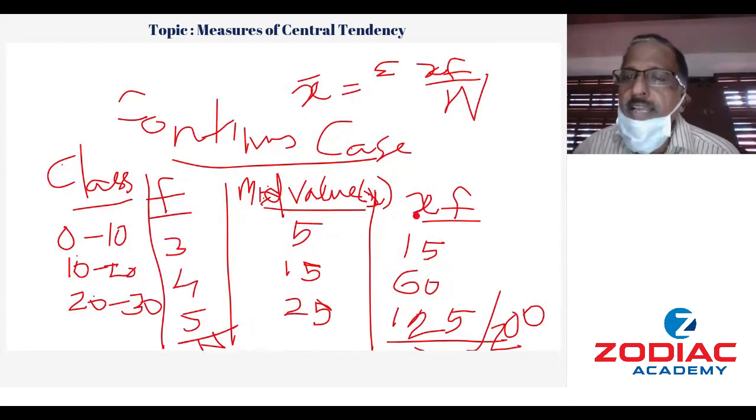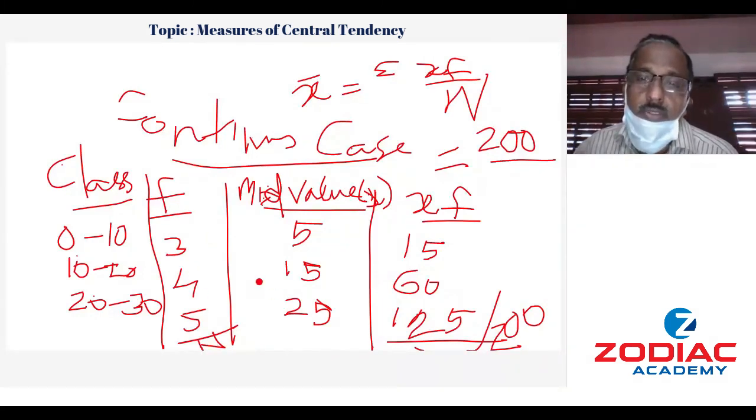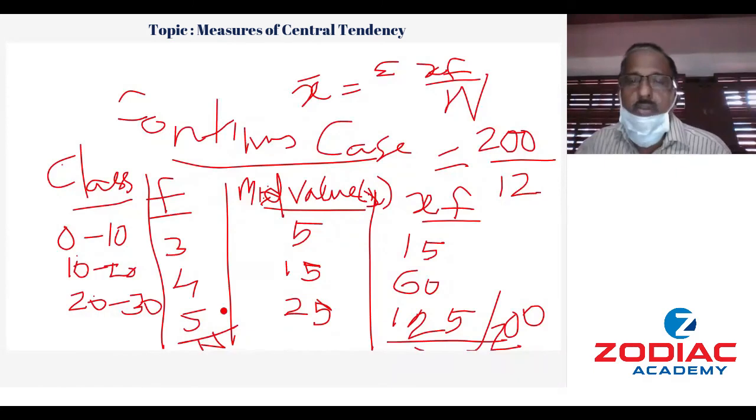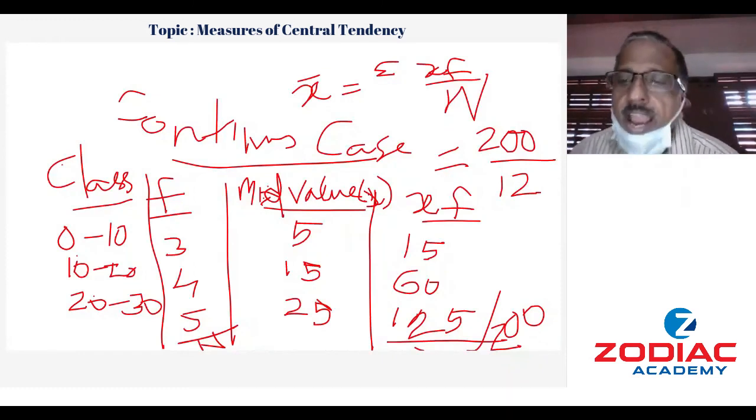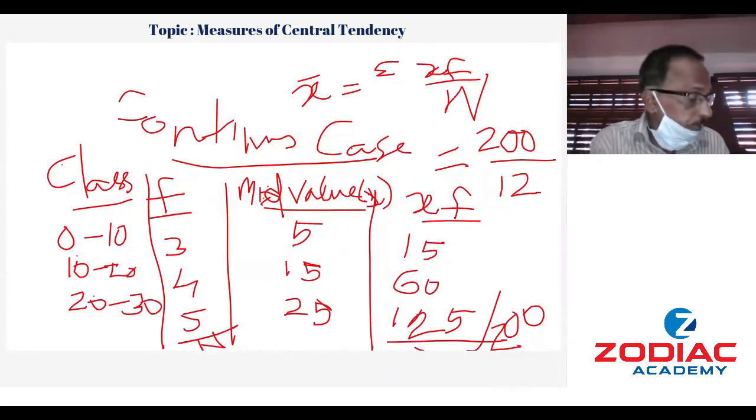That is equal to 200 divided by N, where the total frequency is 12. So 200 divided by 12 is equal to 16.6.